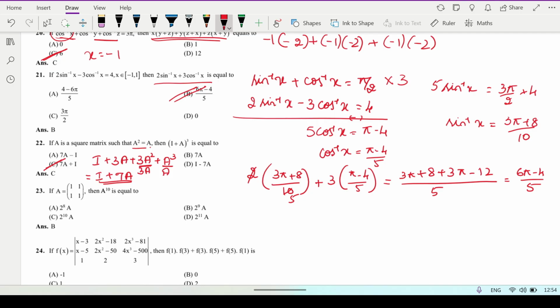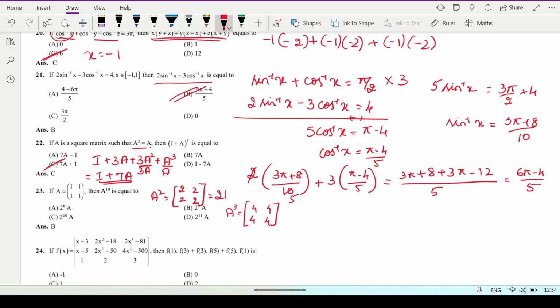Next one. They have given A equal to 1, 1, 1, 1. Then, what will be A square? If we multiply A into A, it will be 2, 2, 2, 2. Right? What will be A cube? It will be 4, 4, 4, 4.